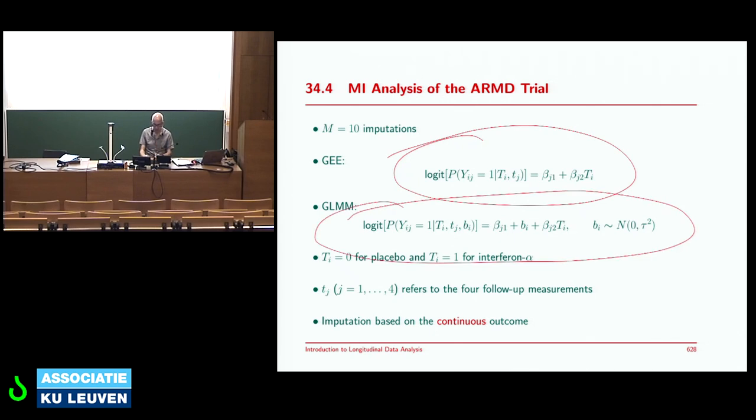But this is actually a very interesting advantage of multiple imputation. I can analyze the data with GEE, but also with GLMM, next to each other. We don't have to choose a priori which of these we are going to prefer. In other words, if I would not have multiple imputation, GEE would mean weighted GEE, and for GLMM I can use direct likelihood.